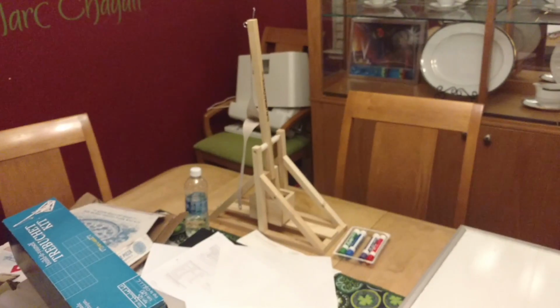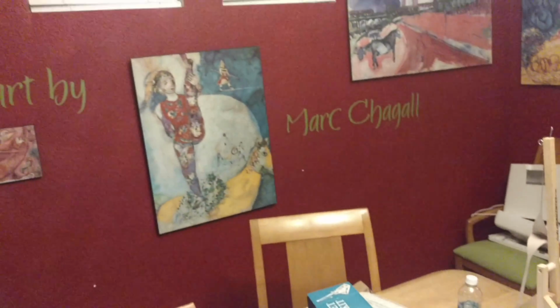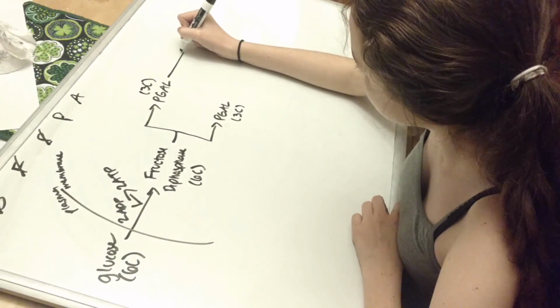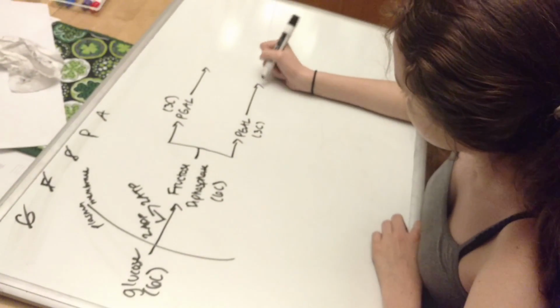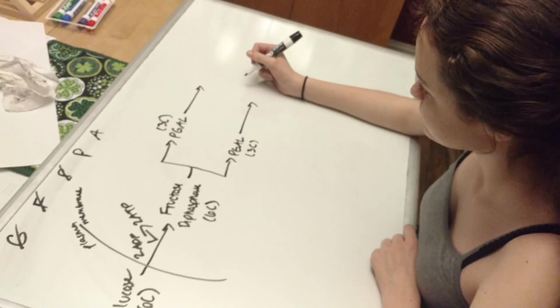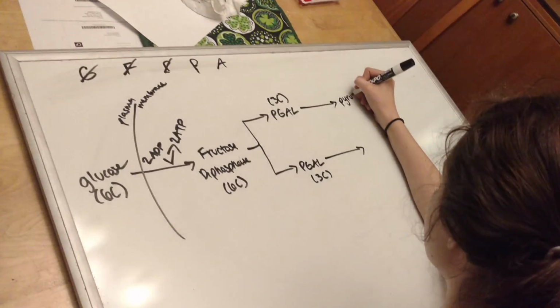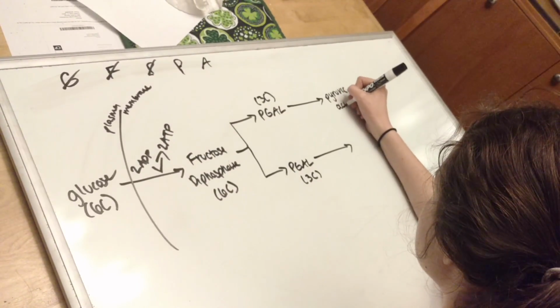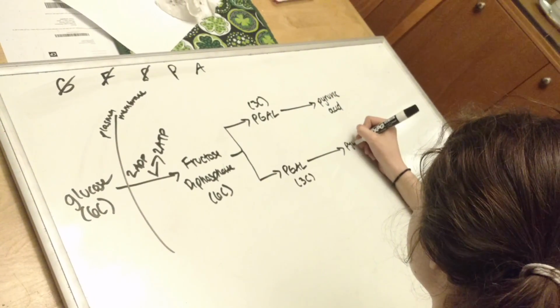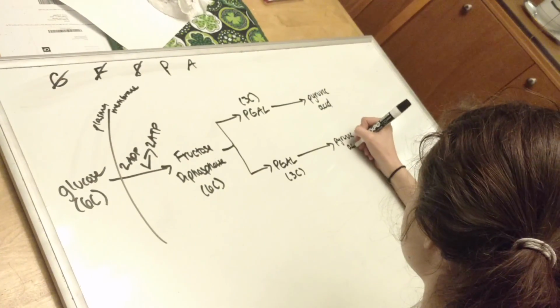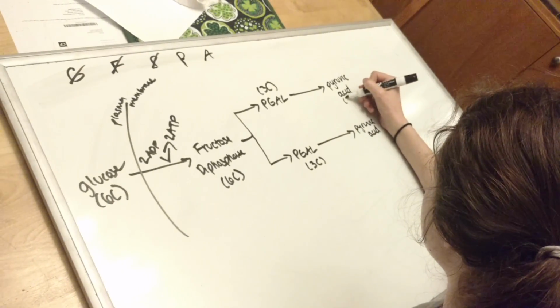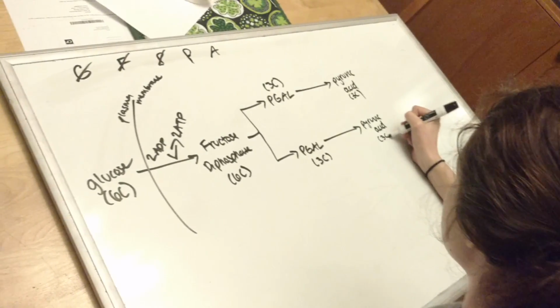And then, I'm taking up too much room on this. Whatever. And then it goes here. It's going to end up turning to pyruvic acid, both times, which is 3 carbons.